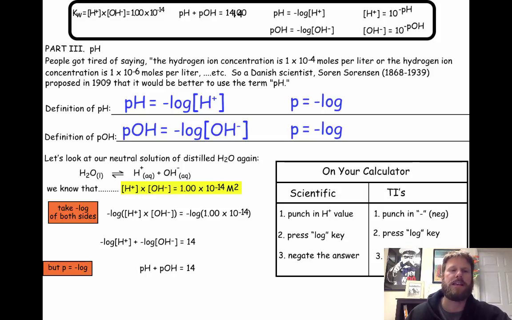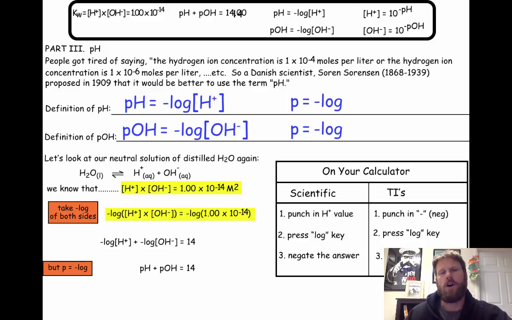Well, if we take the equilibrium expression for water and we take the negative log of both sides, we can end up simplifying to get the negative log of H plus plus the negative log of OH minus equals 14, because the negative log of 1 times 10 to the negative 14th, which is a number that's kind of hard to understand, is just 14. That's a number we can understand.